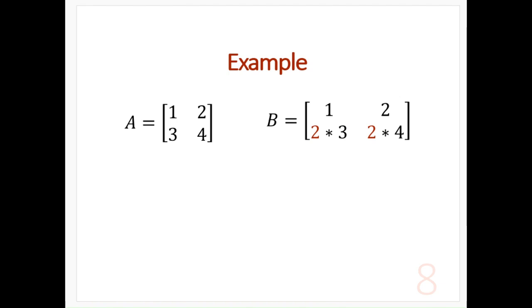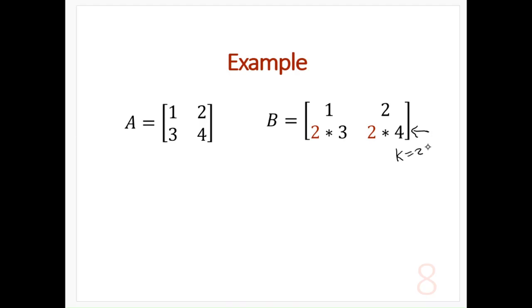Our next relationship, or actually, let's go ahead and do an example first. If we look at this example, we have here that B was formed by multiplying just the second row here by a non-zero scalar k. In this instance, it happened to be k equals 2, right?